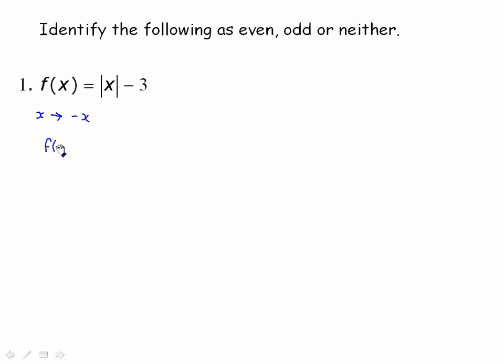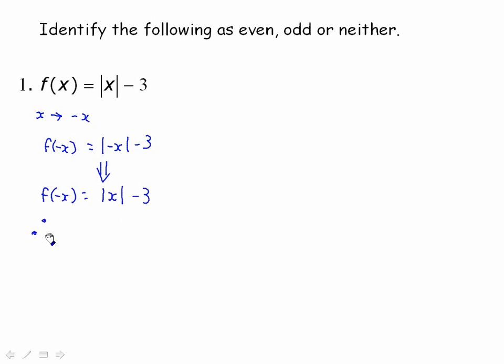So f at negative x is equal to the absolute value of negative x minus 3. The thing of it is, when you take the absolute value of a negative, it becomes positive. So the absolute value of negative x is the same as the absolute value of positive x.